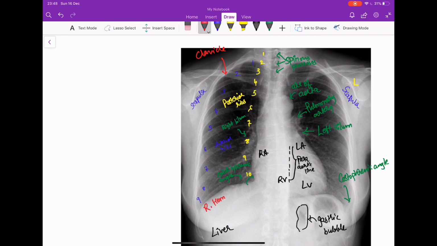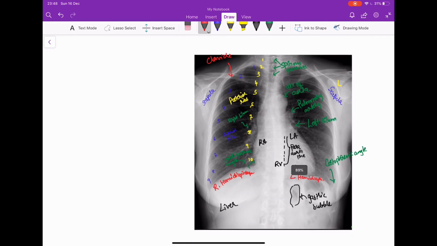And also remember about the right hemidiaphragm and the left hemidiaphragm. And that's it. We have discussed almost everything about the normal chest X-ray.